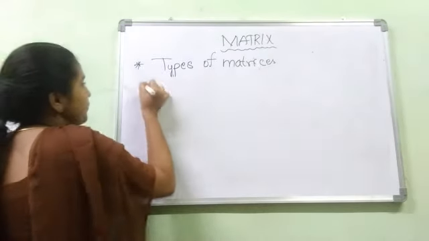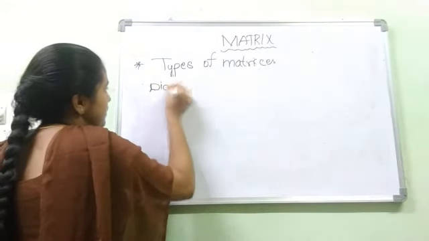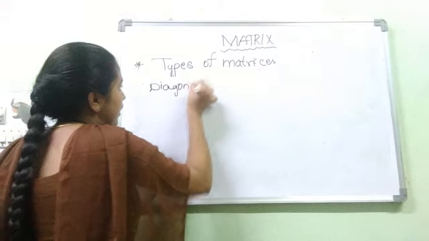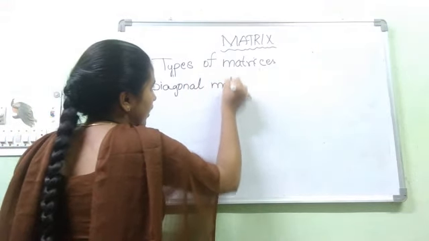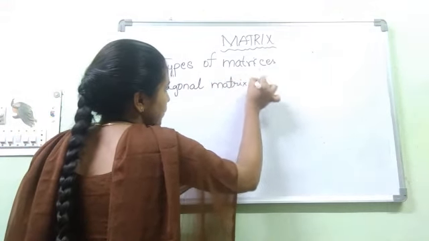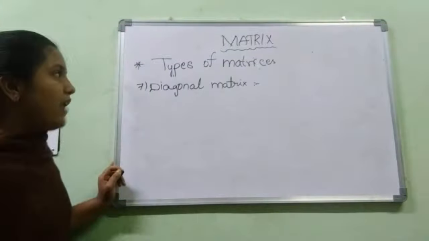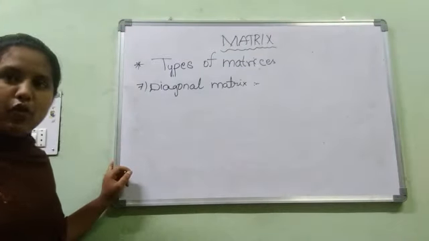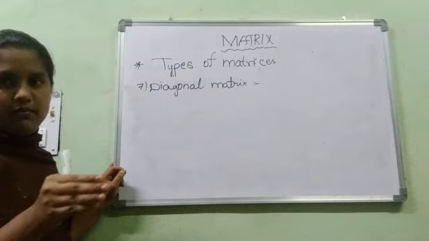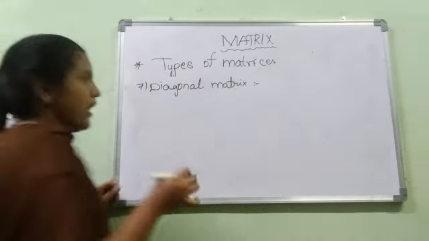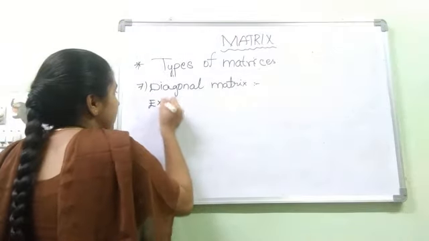Now we will go through diagonal matrix. So the diagonal matrix is a matrix which contains 0 except the diagonal elements. Okay, I'll show you that by an example.